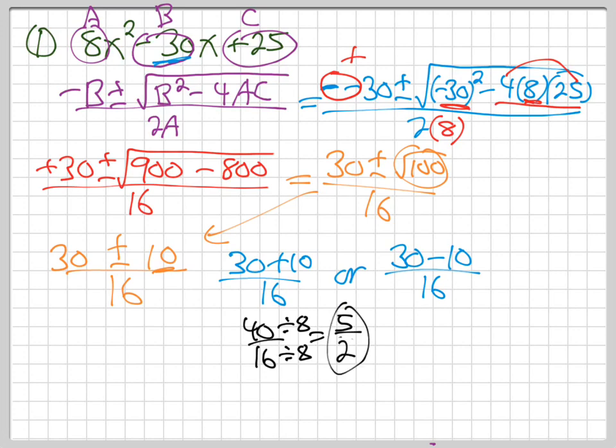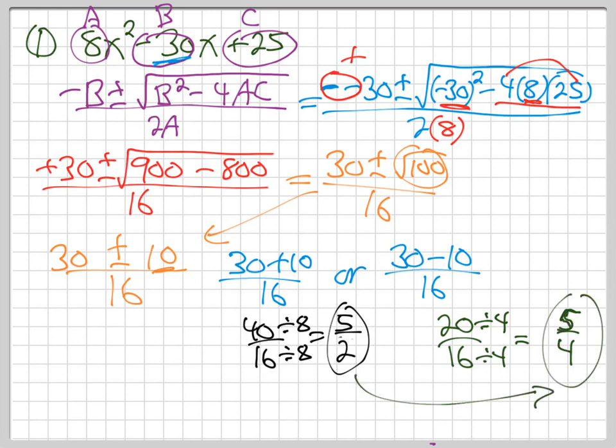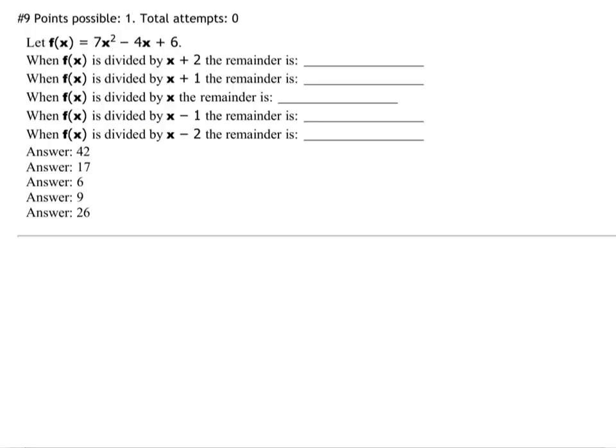And then the other one is going to be 20 over 16. And then divide top and bottom by 4. It'll become 5/4. And that's the other answer. So those are our two answers from the quadratic formula. We broke down this 8x squared minus 30x plus 25, and it became these two answers, 5/2 and 5/4. There we go. Let's go back.